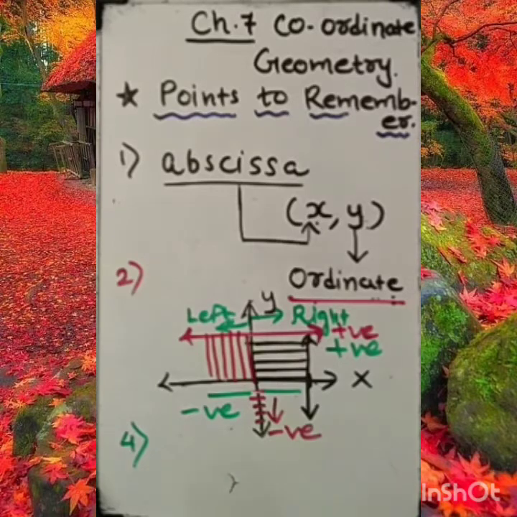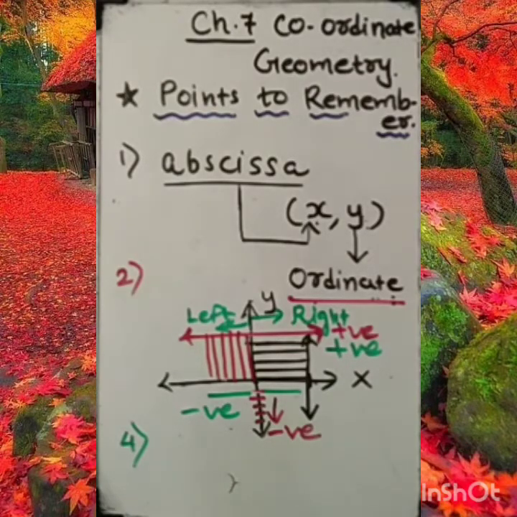That is point number 4. Now point number 5. The abscissa of every point on the y-axis is 0.